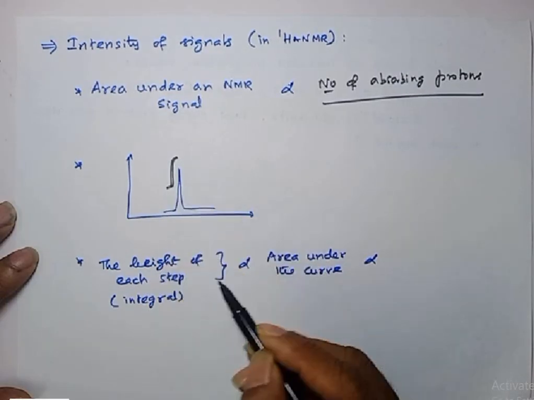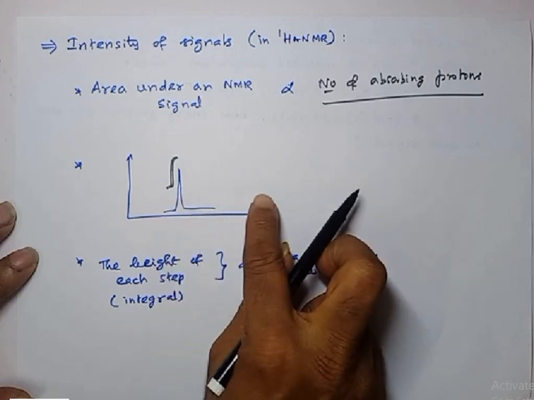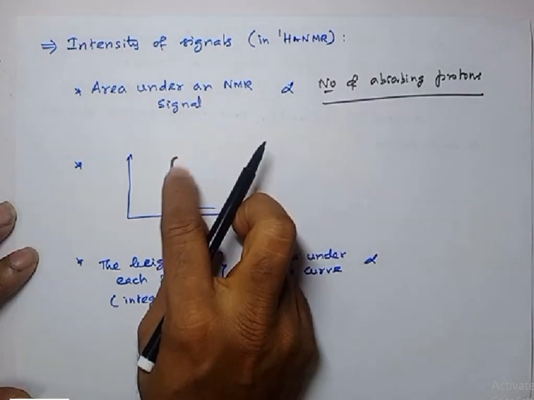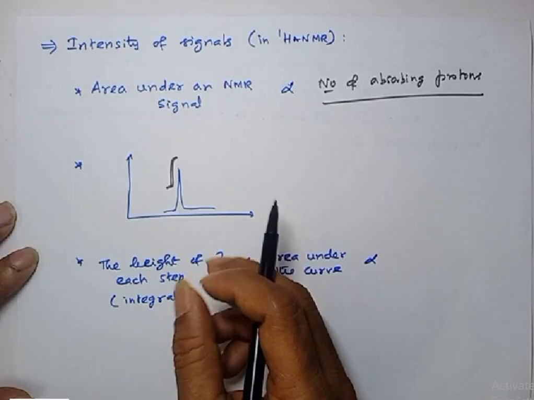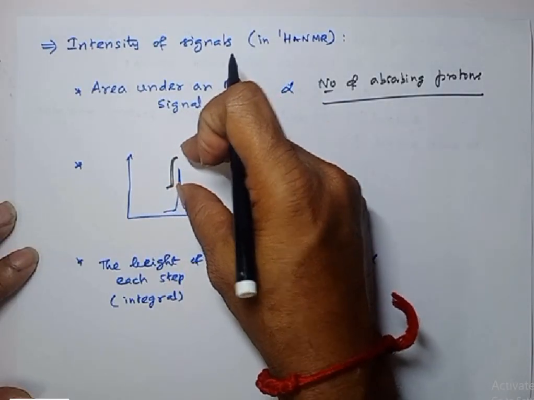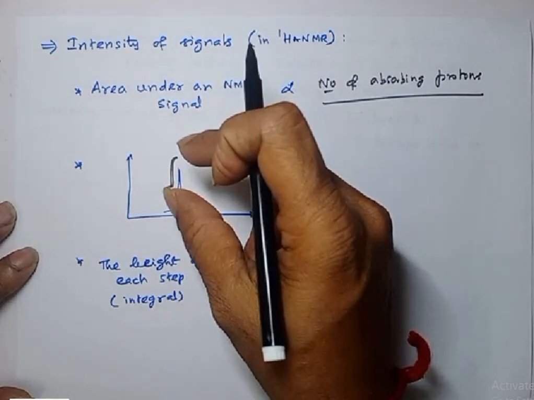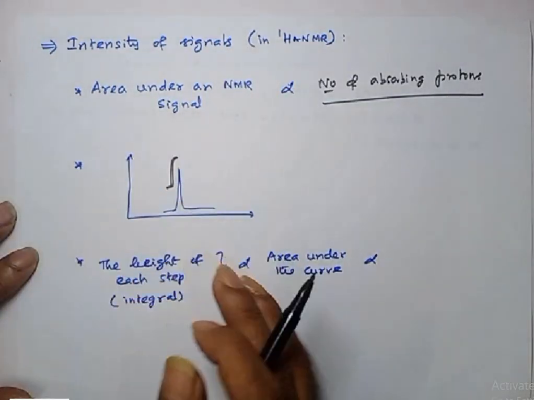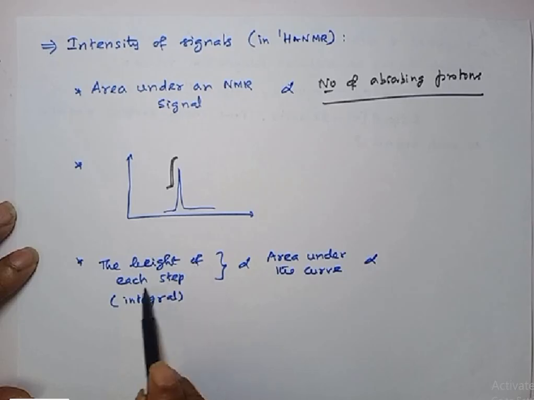So each signal is given an integral or integration value. That integration gives the height of that step, and that will be given in the spectrum itself.